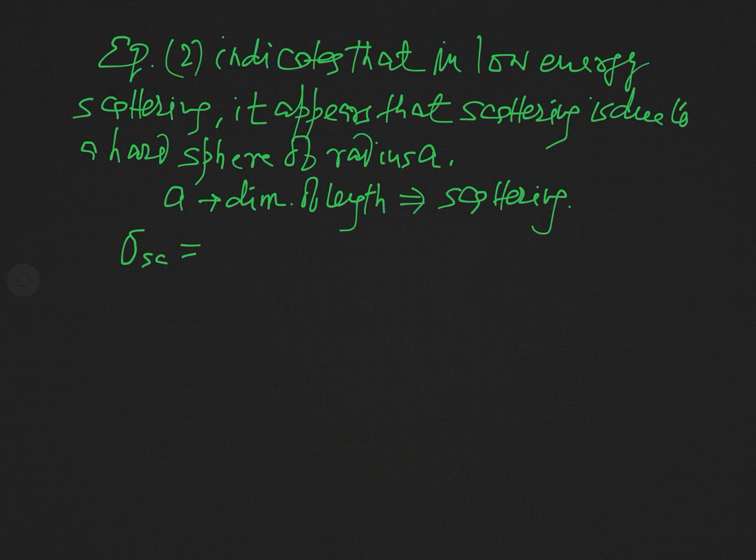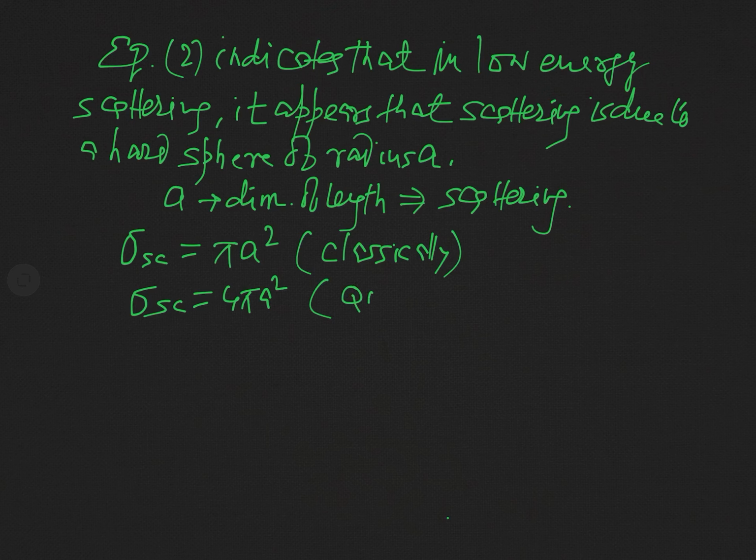But as I have told you, classically sigma sc is found to be pi a square, and this is the classical result, and when we apply the quantum mechanical concept, we find that this sigma sc is equal to what? This is 4 pi a square. This is in fact a quantum mechanical result. So this is quantum mechanically.